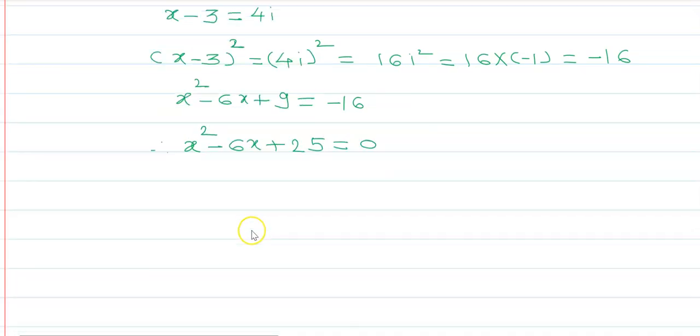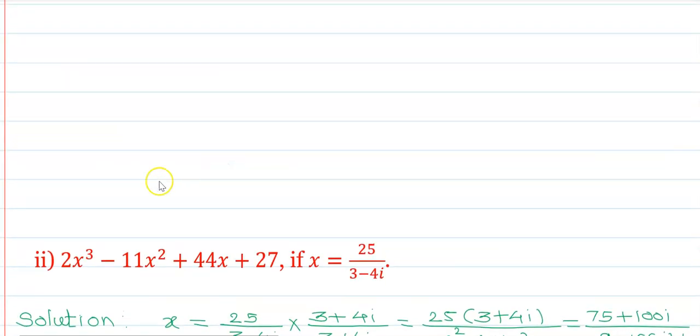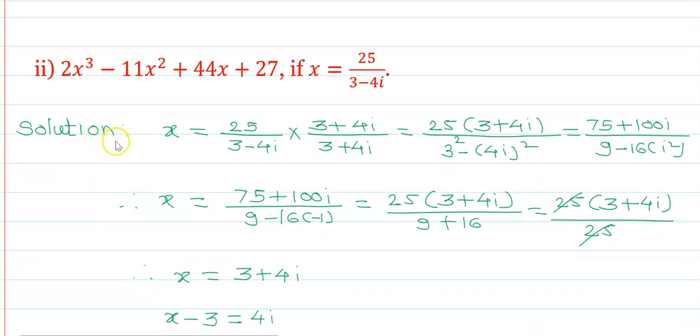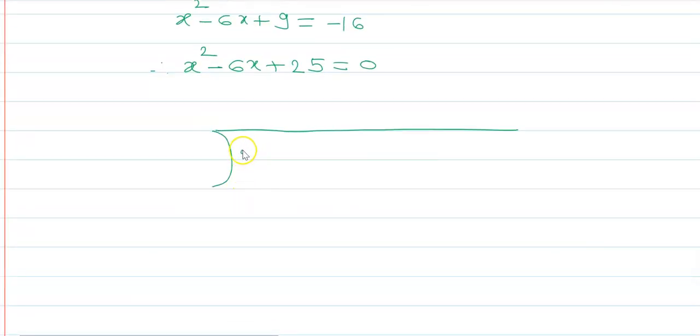Now what is the polynomial? Okay, it is divided by, see this here, 2x cube minus 11x square plus 44x plus 27.